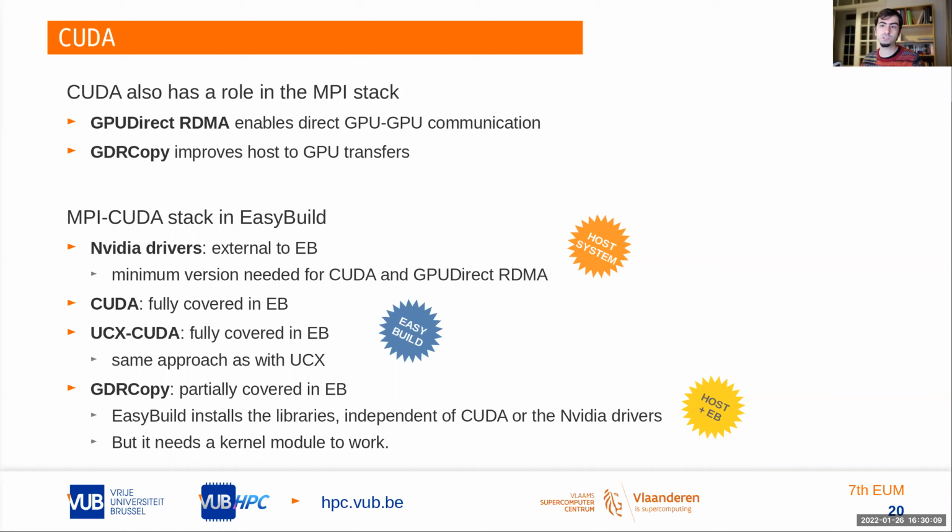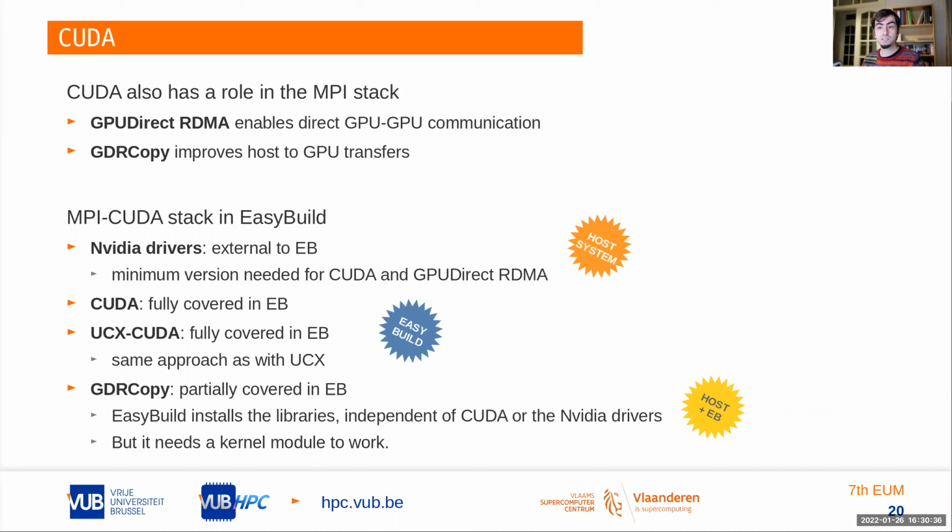Because there's first of all the NVIDIA drivers, which are not handled at all by EasyBuild. So you will have to know what version of the NVIDIA drivers you have, and also check that the CUDA that you are going to install in your system is supported by those NVIDIA drivers. And then the different CUDA versions are fully covered in EasyBuild, so you can just use EasyBuild to install them.